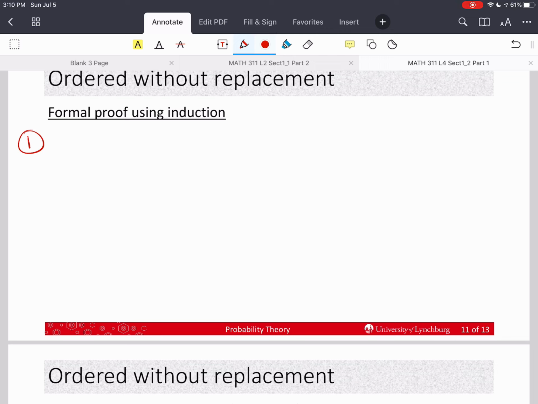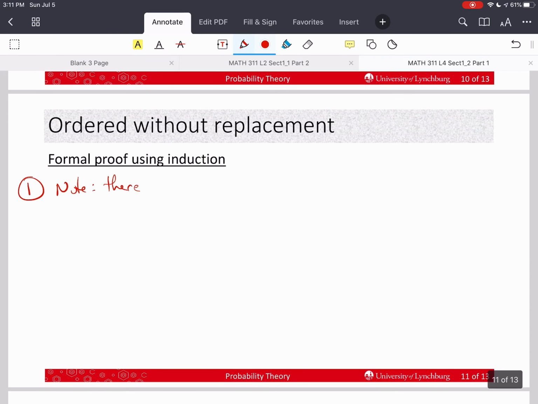Make this so that you understand what you're doing and when you review this. So 1, note the smallest number is going to be k equals 0.